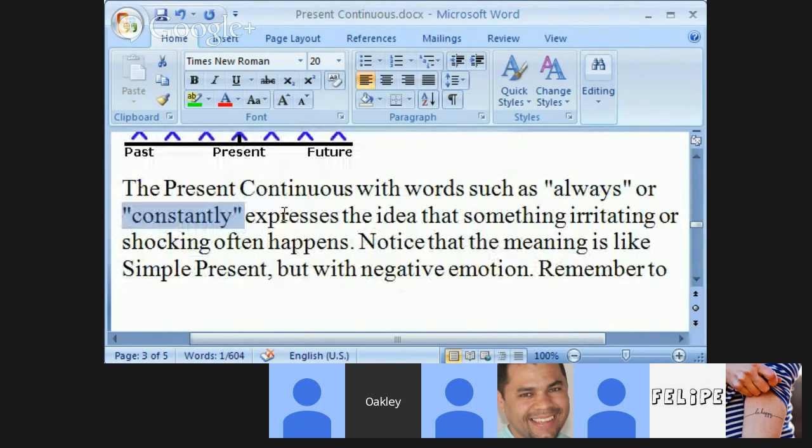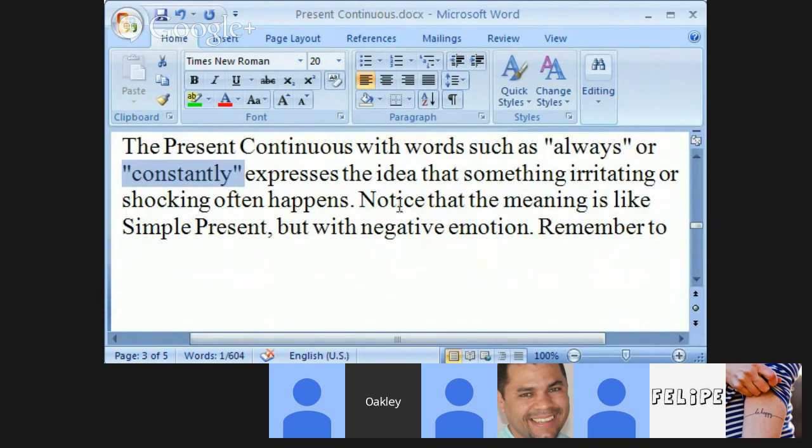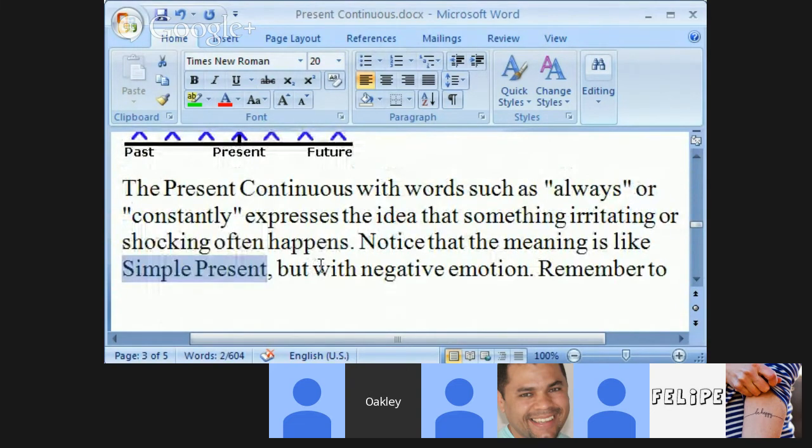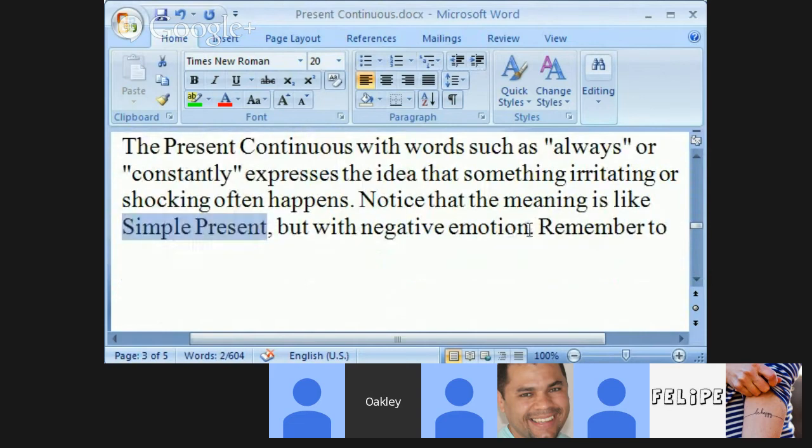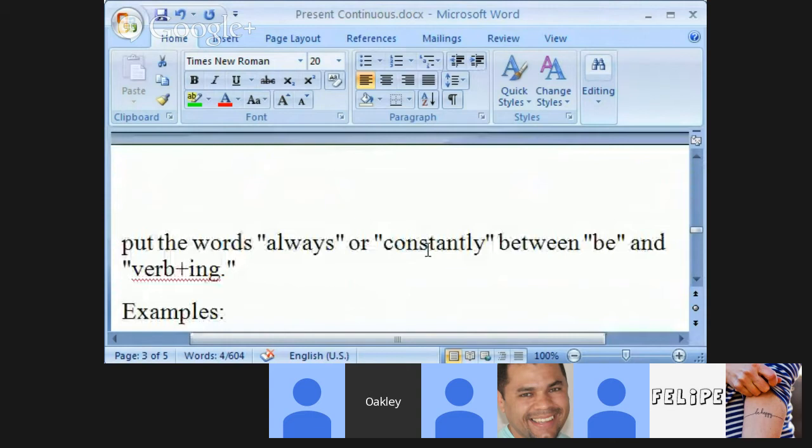Okay, to express the idea that something's irritating or shocking and it happens over and over. The meaning is very much like simple present, but we use this form, I'm going to show you examples, to show that we feel negatively about it.